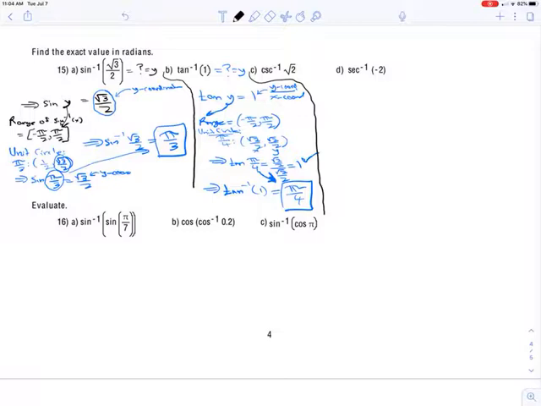We know cosecant inverse of square root of 2 is the same thing as saying this is equal to sine inverse of 1 over square root of 2. And as we rationalize that, we would have sine inverse of square root of 2 over 2.